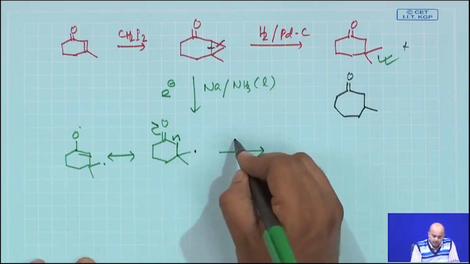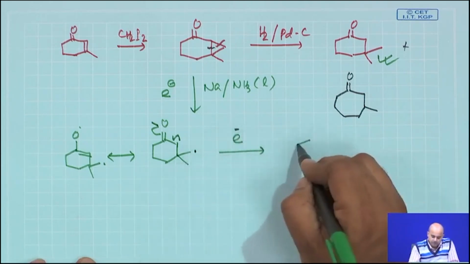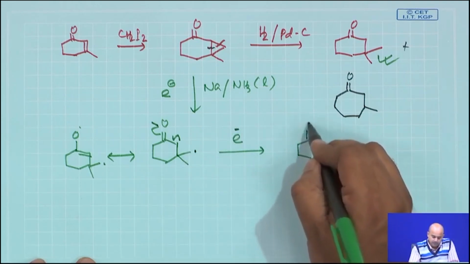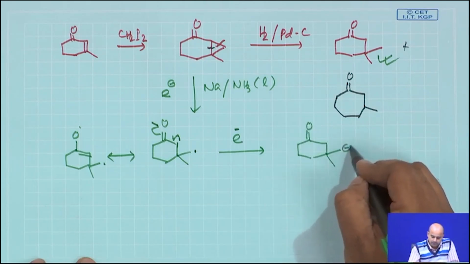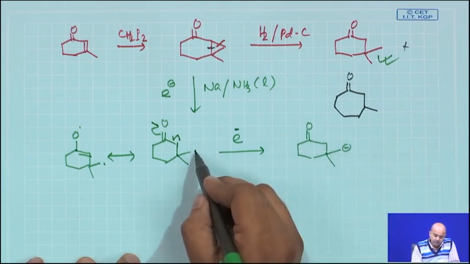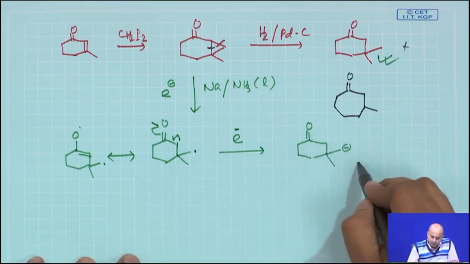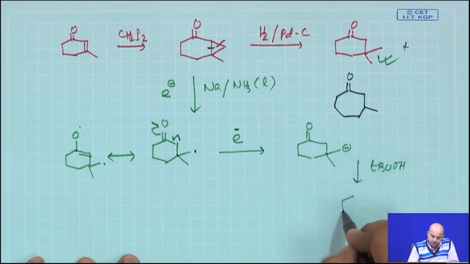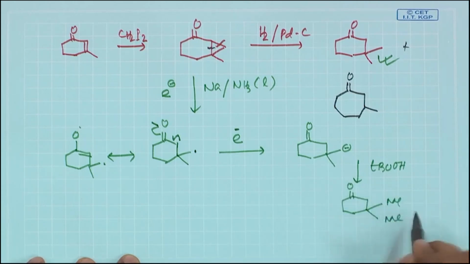Now, sodium liquid ammonia will give you another electron to basically give you this minus, or even at this particular point you can now have a tertiary butanol which will act as a proton donor and you get this methyl.